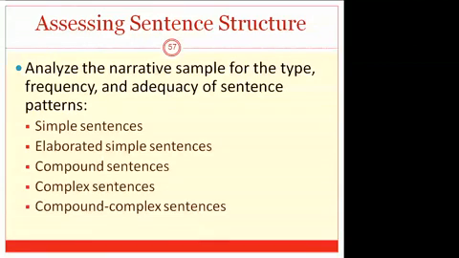In other words, were they able to use that form of sentence structure correctly or incorrectly? What did they attempt and what did they avoid even attempting? What types of sentence structures are included in the narratives of that student?